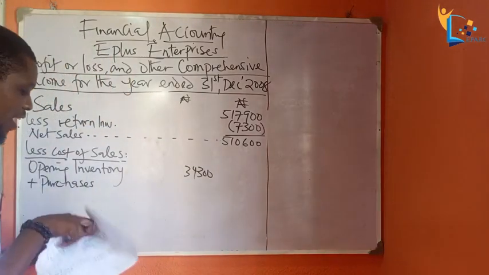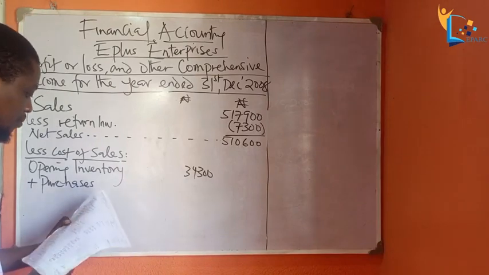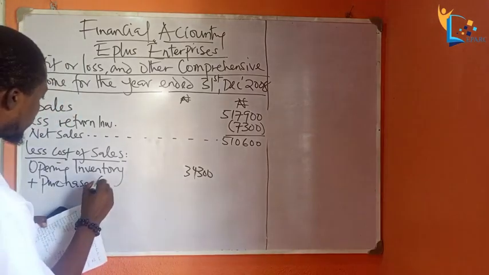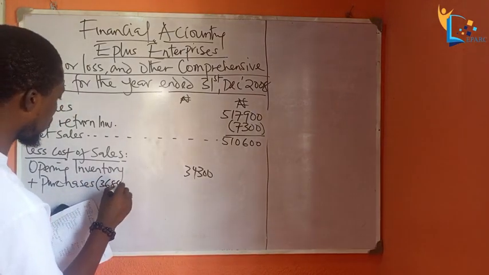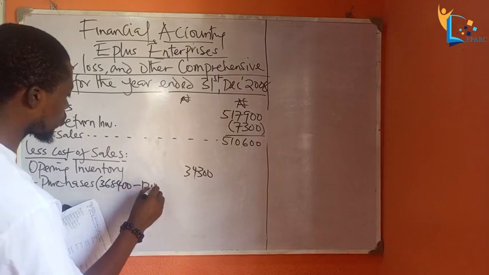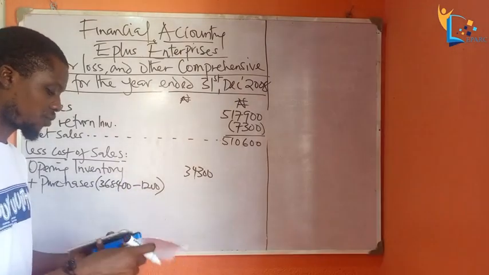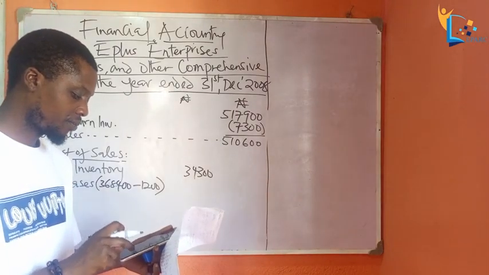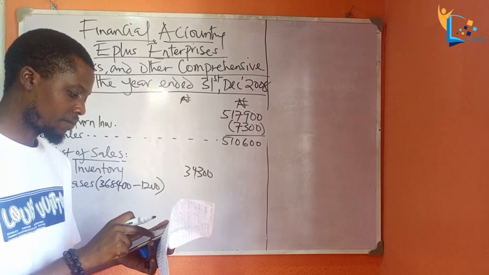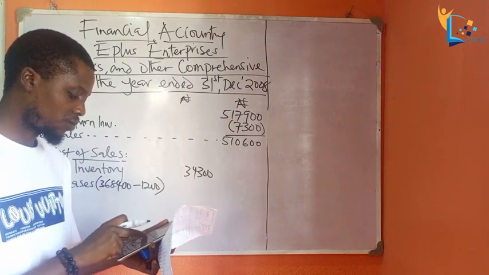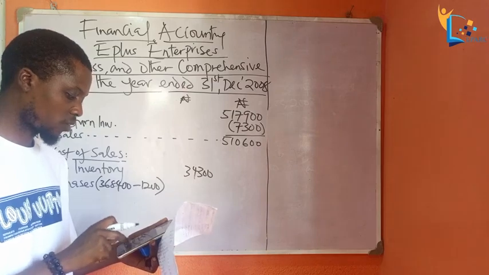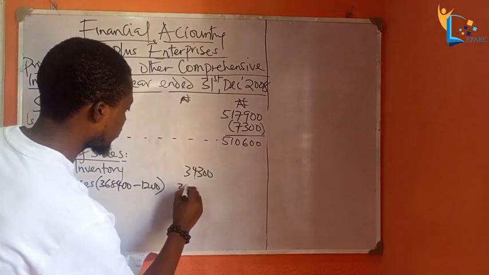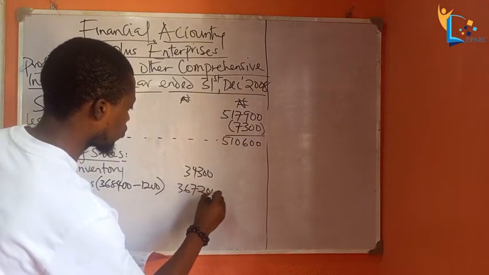So purchases we have 368,400 minus 1,200, which is 367,200.